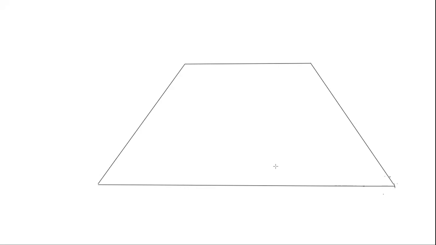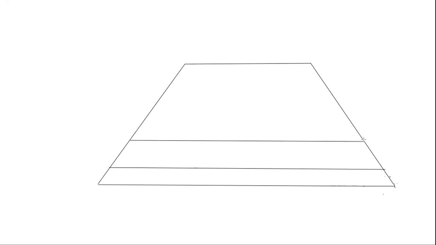Okay, assume this is a road surface and just note down these points. The bottommost layer is embankment. That embankment will be provided only in a filling portion, and above embankment you are providing subgrade.